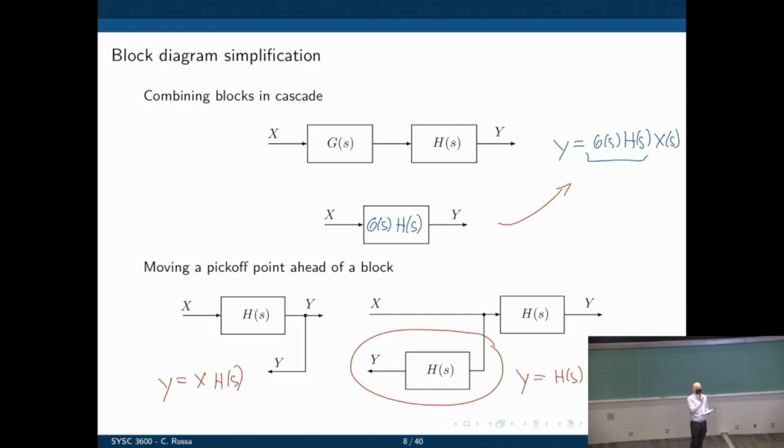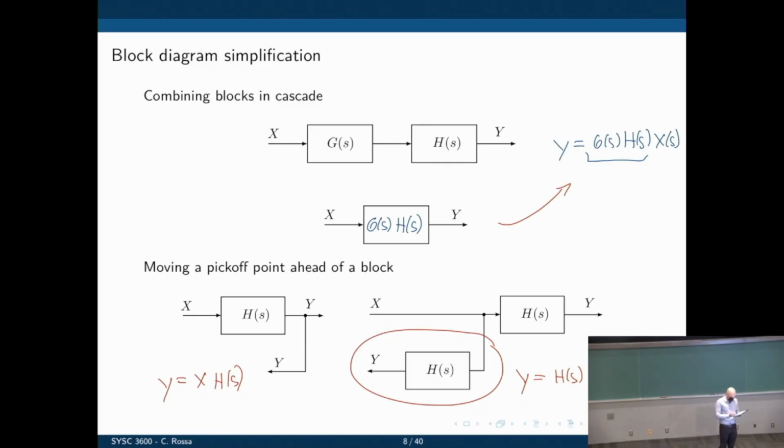If you don't add that block, then you're now changing the signal. Now y becomes x, which is not the same. What we are doing is moving it ahead, and when you move it ahead, we have to multiply it by h of s. All right, so the signal is kept the same and nothing changed.